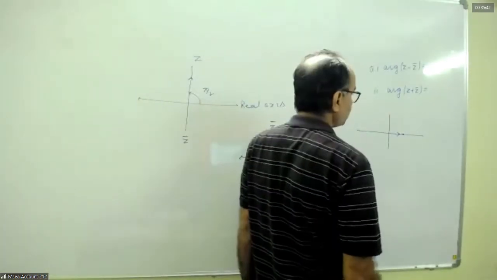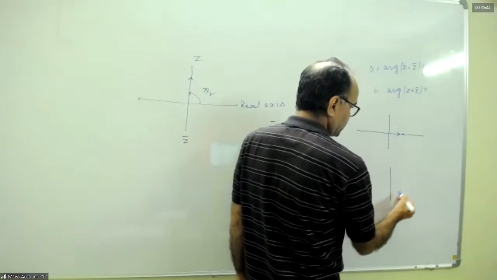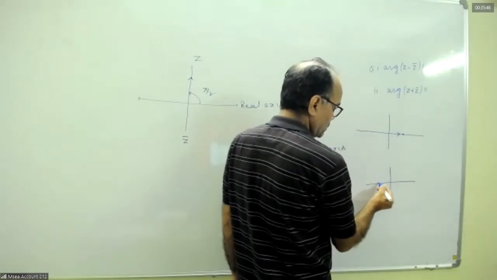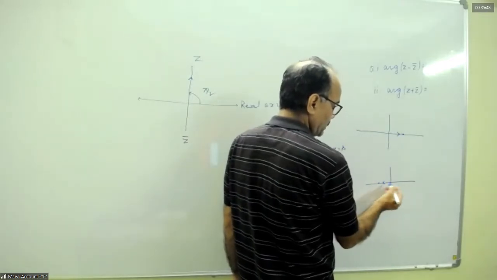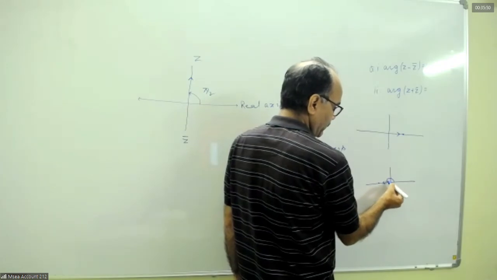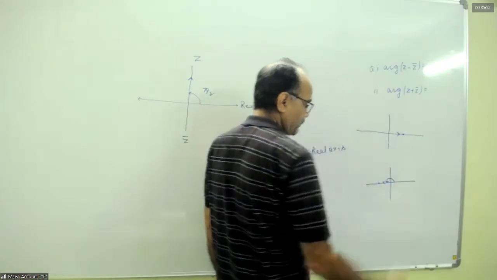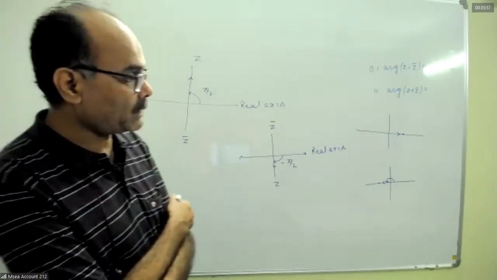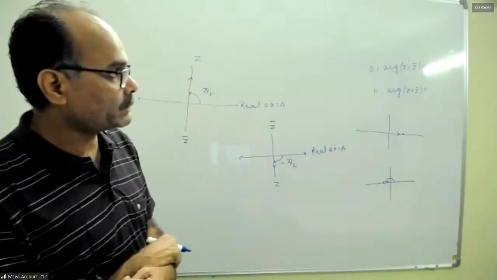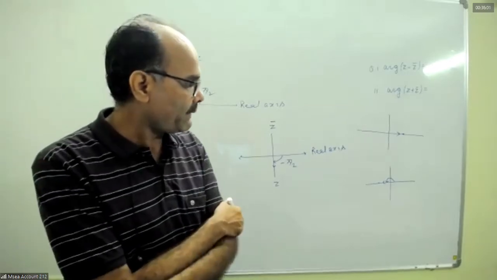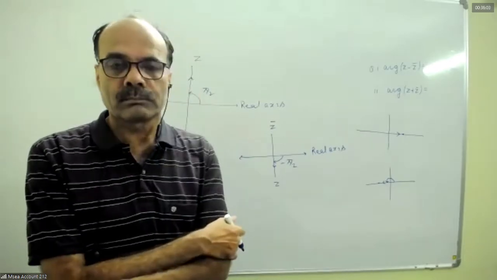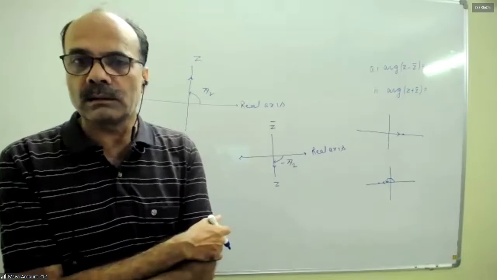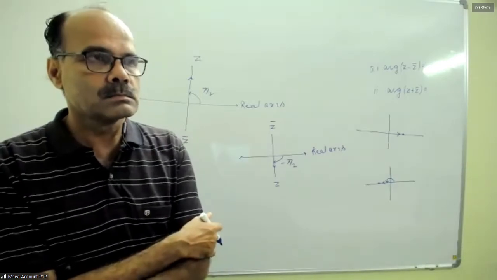If the real part of Z is negative, then the argument of Z is how much? Why? If the real part of Z is negative, then Z plus Z conjugate is a negative real number. In that case, what will be the argument? Pi.